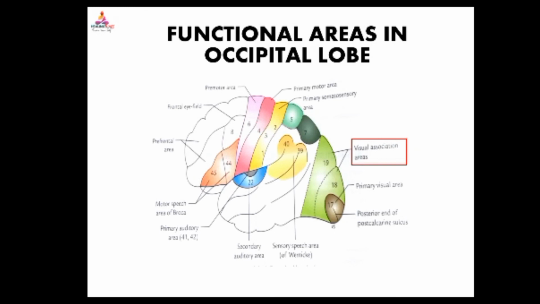It relates the visual information received from the primary visual area to past visual experiences, thus enabling the individual to recognize and appreciate what he is seeing. In other words, the secondary visual area is responsible for recognition of objects and scenes.